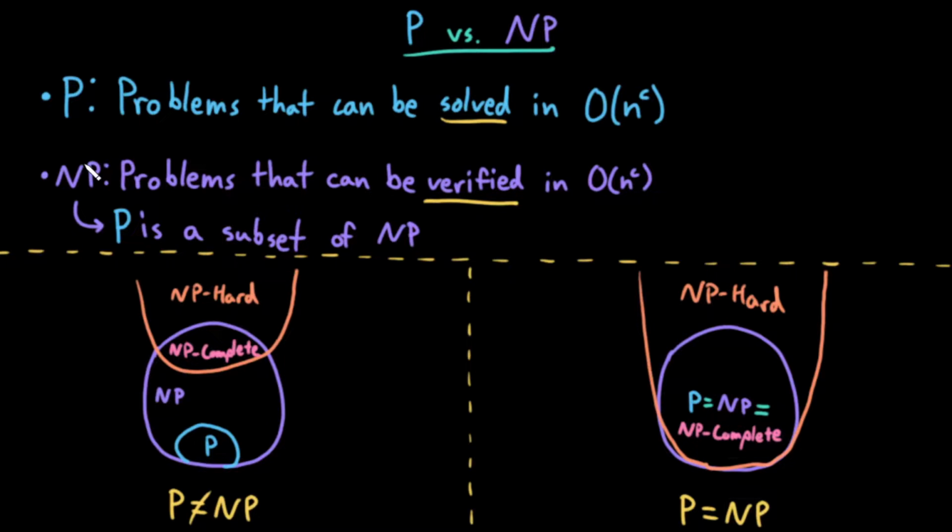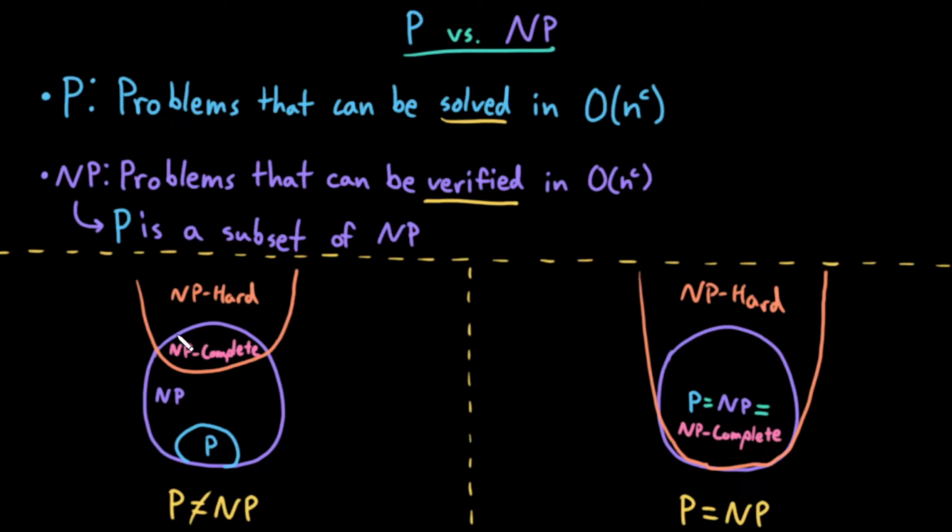So first of all, let's think of our four classes of computational complexity with respect to either of those scenarios, either P equals NP or P does not equal NP. If P does not equal NP, that would mean that NP is some set of problems. P is a subset of that set. We knew that in advance. So these would be the problems that can be solved in polynomial time.